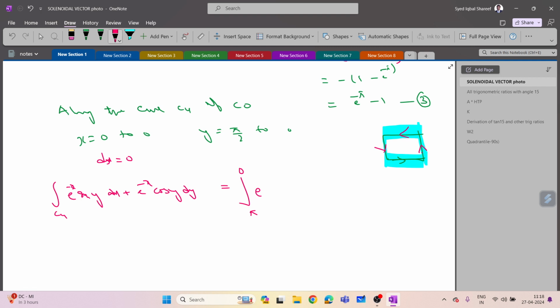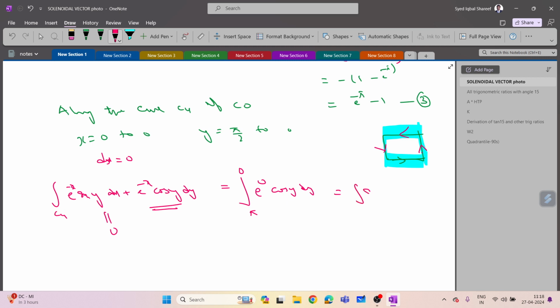So where is x, e to the power of minus x? You see, dx is 0 means this part is 0. Only we are dealing with this part. So x is 0 means e to the power of 0 cos y dy.